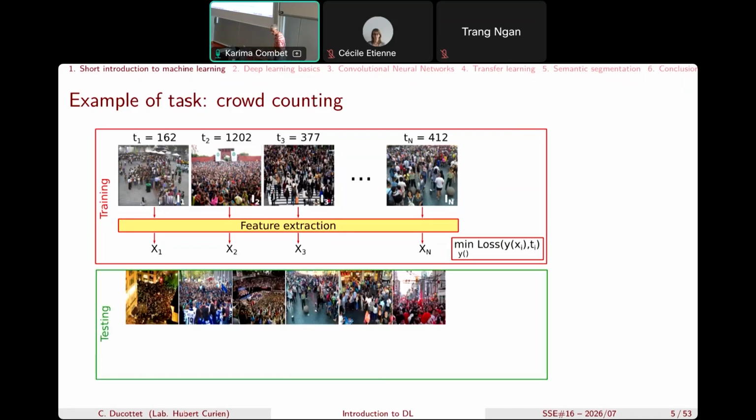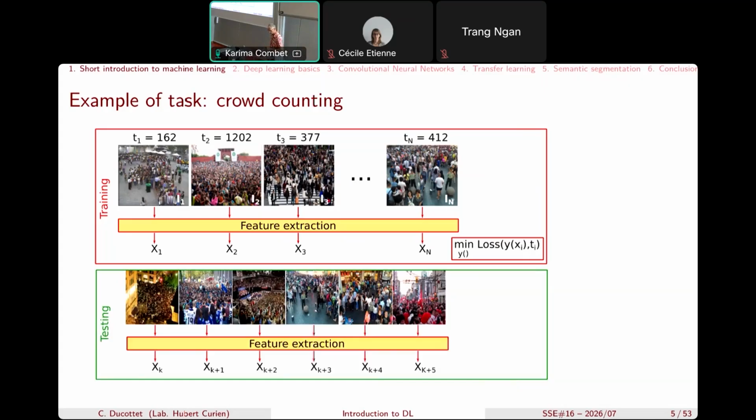So this is the learning step, and of course we not only want this function to be accurate for predicting these labels on the training set, but we want it also to be able to predict for new images that have never been seen by the system.